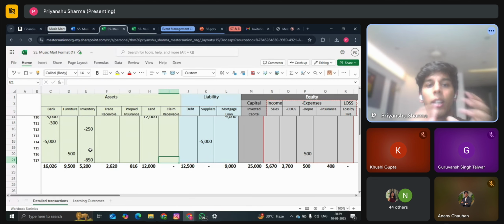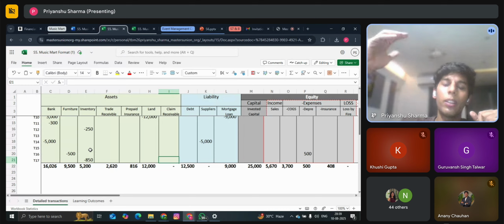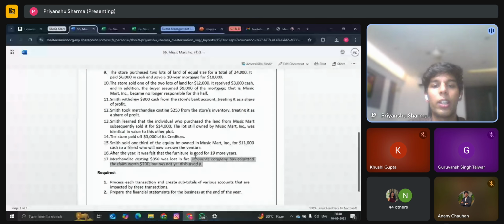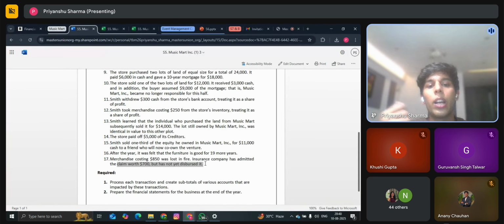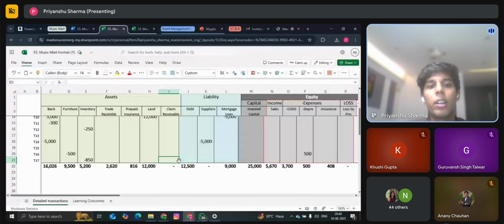Since that 700 is something that is gonna give us value in the future, it is not credited to us today. It is clearly mentioned in this transaction that it has not disbursed the claim yet. So we have earned that 700, but it has not been recorded inside our bank. If it were a bank transaction, I would do +700 on the bank side.